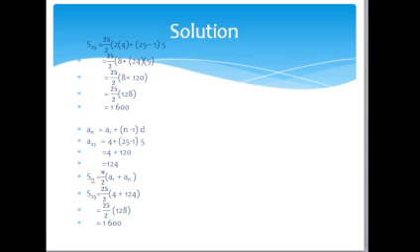Okay, let's have the solution. The first solution uses the alternative formula. We have S sub n equals n over 2 times 2 times a sub 1 plus n minus 1 times d.